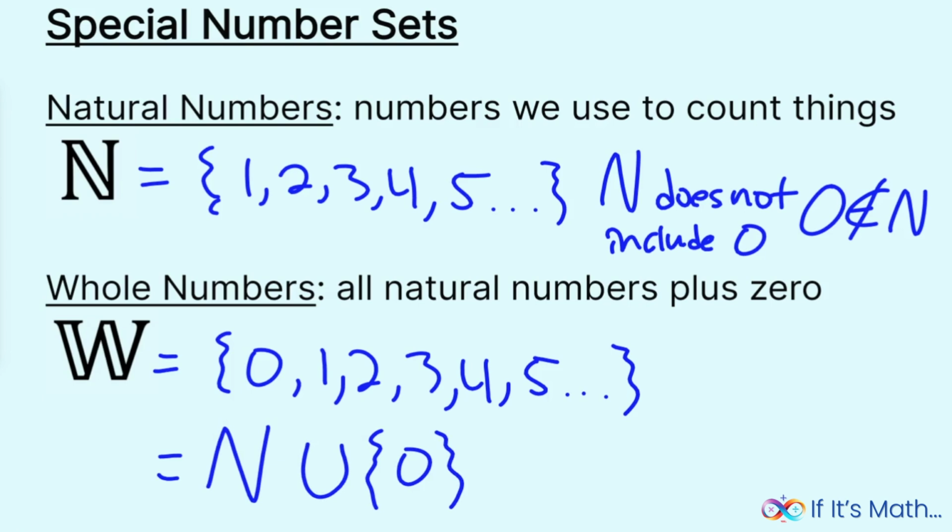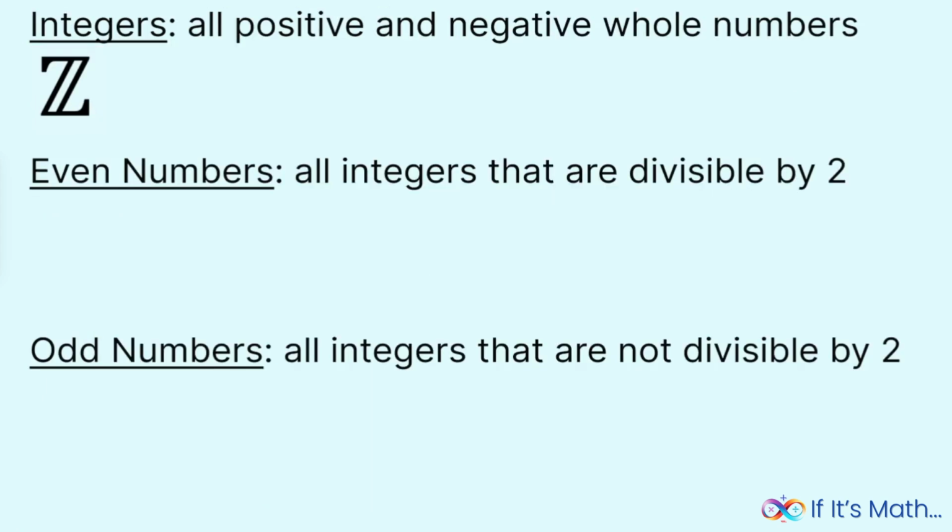Right? So key difference between these two. Natural numbers does not include 0, but whole numbers is all the naturals, including the number 0. So N for natural, W for whole. So they're going to get more complicated. Those are pretty straightforward, but that gives you a sense of where we're building from.